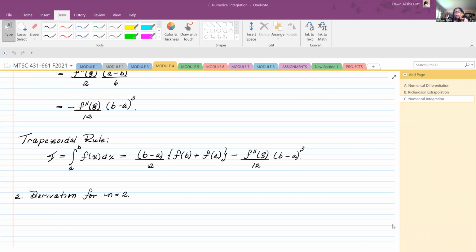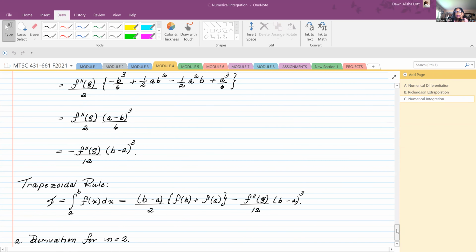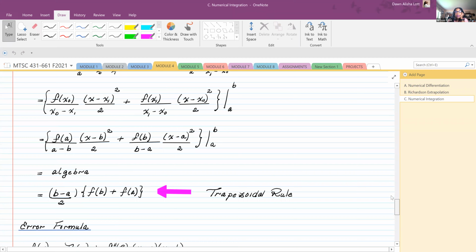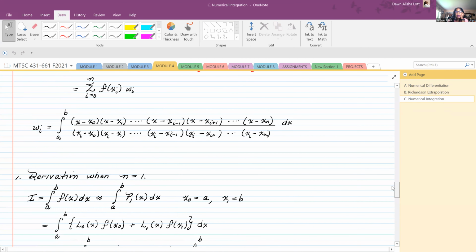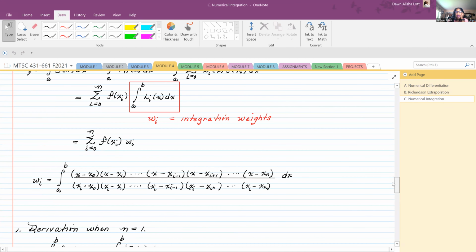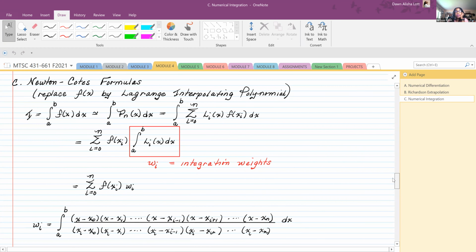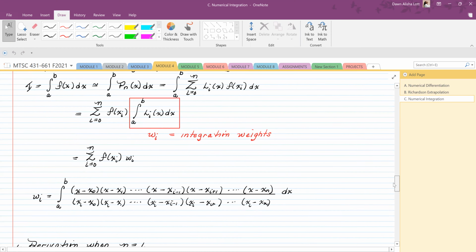So last time we were looking at a Newton-Cotes formula, and we did one of n equals 1, and that actually gave us the trapezoidal rule. The Newton-Cotes formula was to use the Lagrange interpolating polynomial and then use that to integrate when we want to find the integral of f.